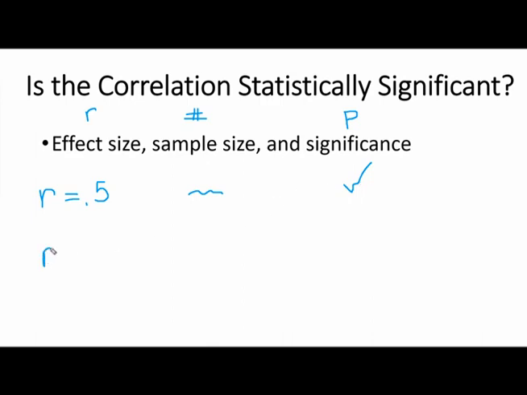But when we start getting into our smaller effect sizes, say we get down to a 0.1, then in order to get a significant result, in order to be sure that what we're looking at is actually something that's in that population, we would need a really large sample size. So if you had a sample of 1,000 people, then maybe you'd be pretty sure that when you get an R of 0.1, it's actually something that you would see in a population.